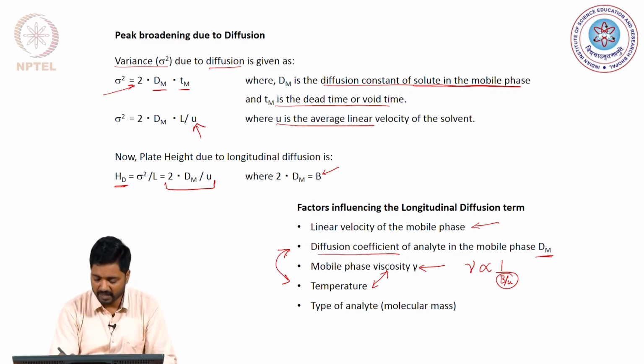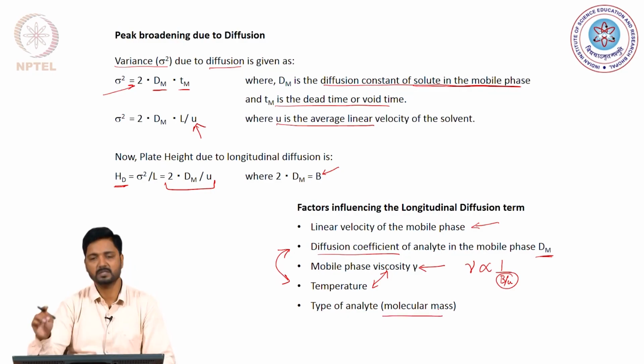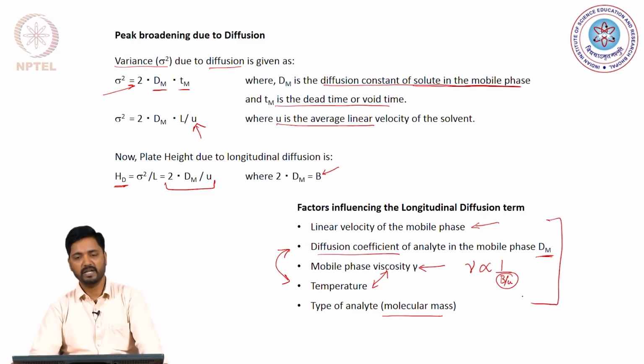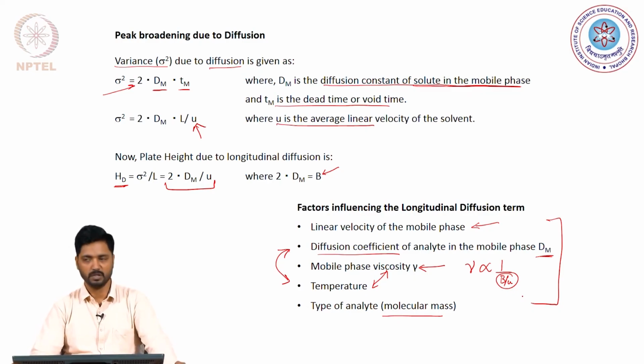And the final factor that we may have to consider is the type of analyte or its molar mass, because molecules which have a smaller molecular mass diffuse out much faster than molecules whose molecular mass is much higher. So, we may want to consider all of these factors to achieve the smallest value for the B by U term, which is our longitudinal diffusion term.